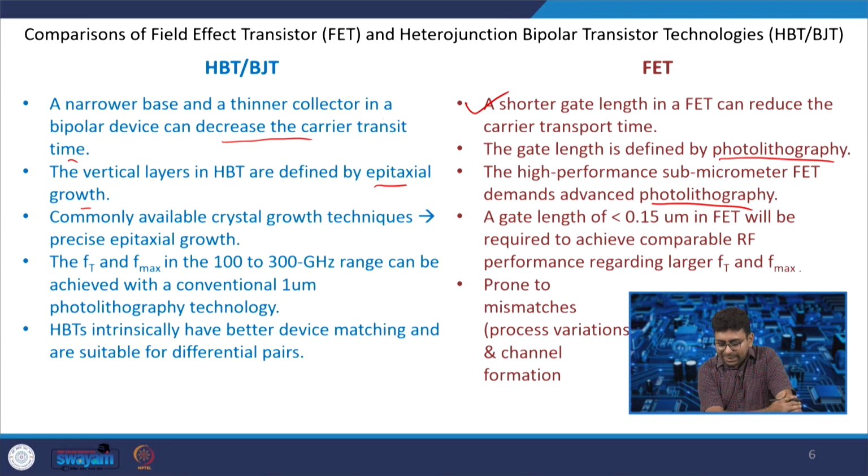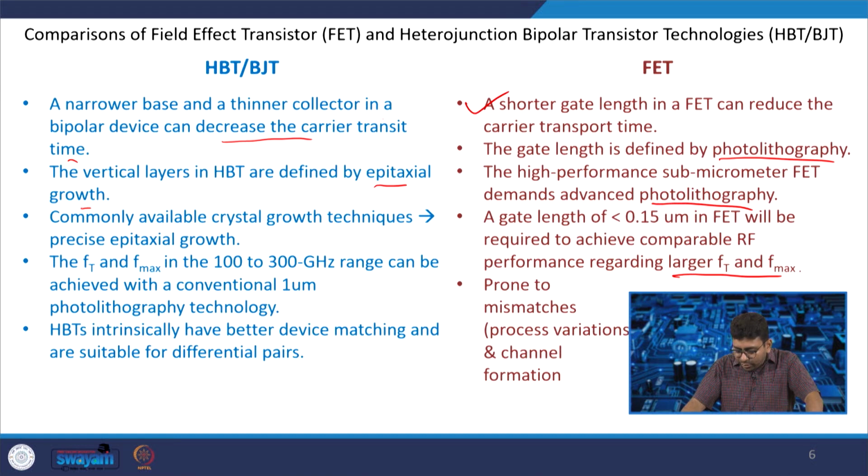A gate length of less than 0.15 micron in FET will be required to achieve comparable RF performance regarding larger FT and Fmax. So, it is always challenging for an RF designer to design an RF circuit in a higher node technology, because the FT and Fmax are limited for higher nodes. That is why we need to move to lower node technology.